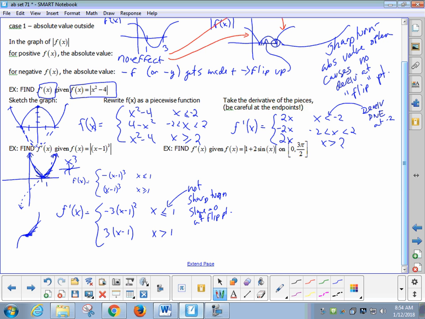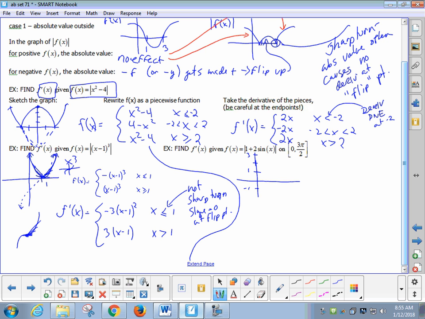All right, an ugly version, and then we'll be good, is something that's a little harder graphically to figure out. Tell me, if I were to graph lightly 1 plus 2 sine x, no absolute value, how would it look? Tell me about the graph. Shifted up 1, and the amplitude is 2, so it'll go up to 3, and without the absolute value, it would go down to -1.